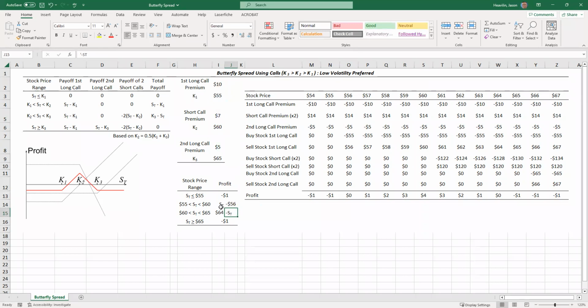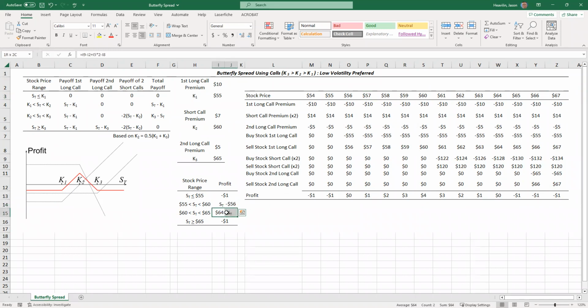And that's how you got the minus 56. Let's see if it works out. If I'm at $58, which is in between 55 and 60, 58 minus 56, $2. If it was 59, 59 minus 56, $3. If it's 56 minus 56, 0. And if it hits 57, the stock price minus 56, $1. And that's how you get that piece.